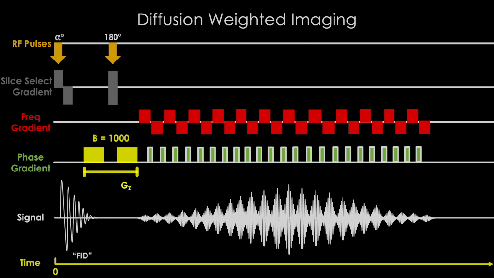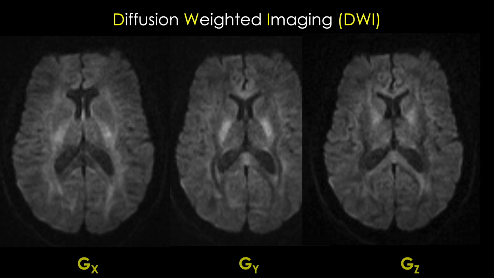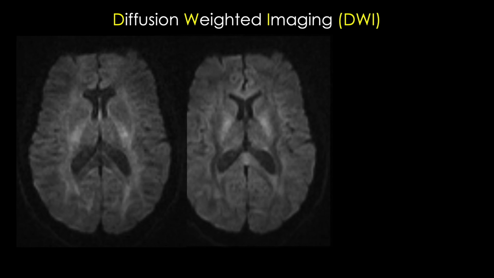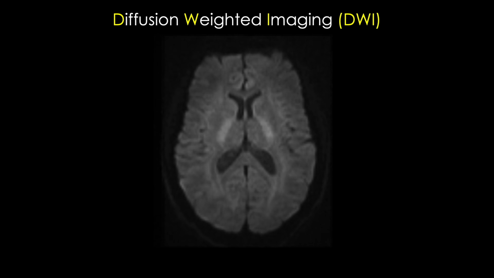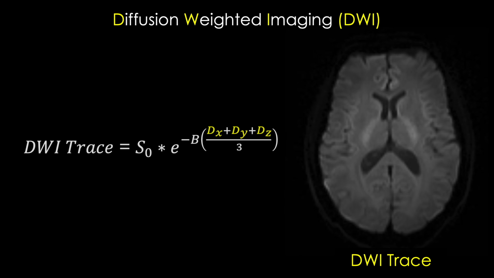In doing so, we were able to generate these 3 corresponding images, which look slightly different from each other, and we didn't quite know what to do with them, so we said, let's just average them together. This produced the following image, which we call our DWI trace image. Now, mathematically speaking, this looks like so.